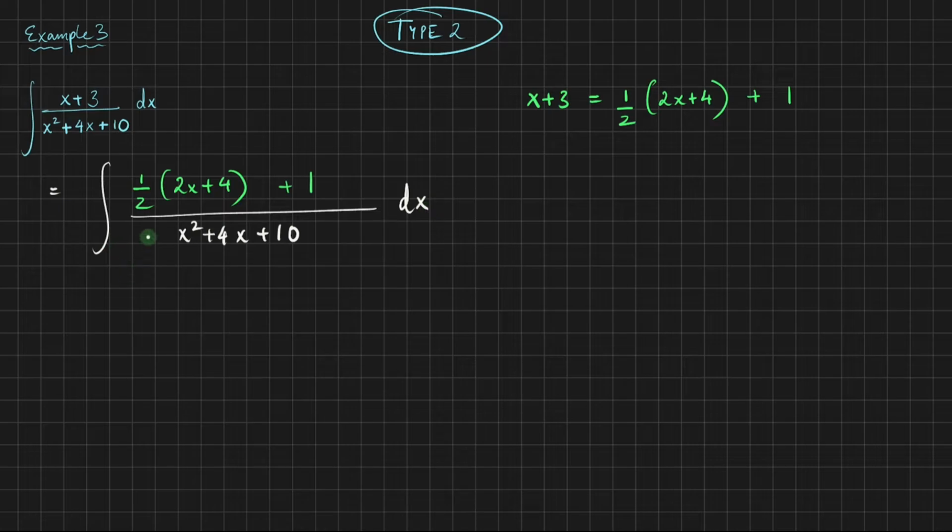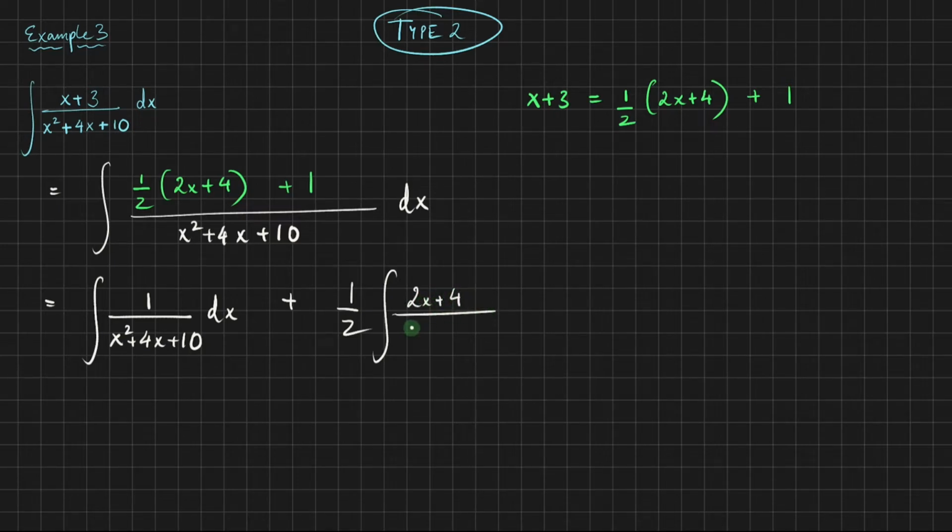Now using the rules of integration, we can split this up into two different integrals. The first integral becomes the integral of 1 over x squared plus 4x plus 10 dx, and the other integral becomes plus half times the integral of 2x plus 4 over x squared plus 4x plus 10 dx.